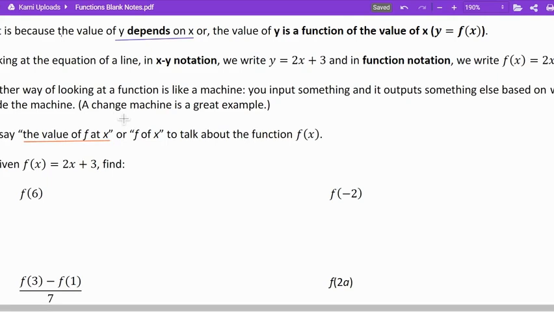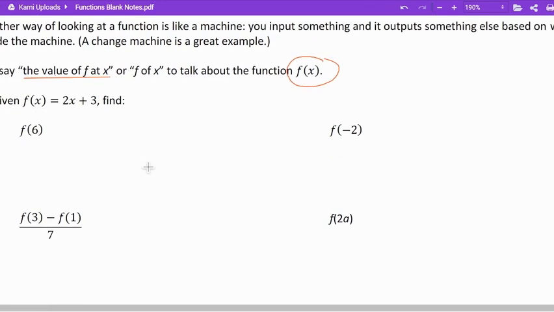So the y value of the function at x, or f of x, when we are using this notation. Given f of x equals 2x plus 3, whereas we used to write an equation y equals 2x plus 3, now we're saying this is a function.